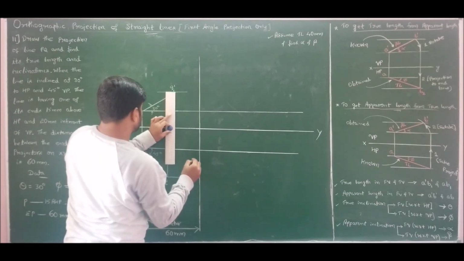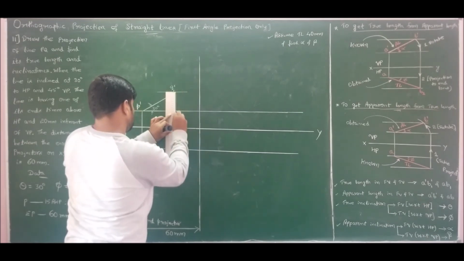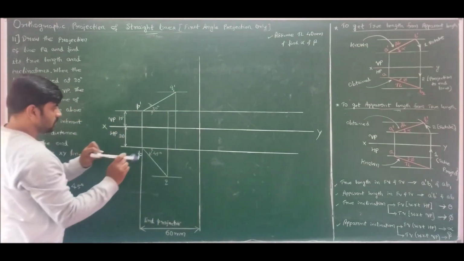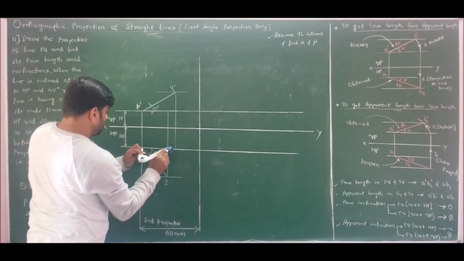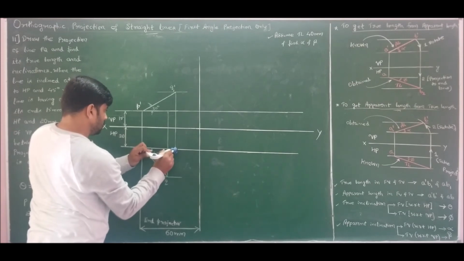Similarly from here also you project it to the initial end locus of the opposite plane. Projected. Now rotate to get the apparent line and apparent inclination.